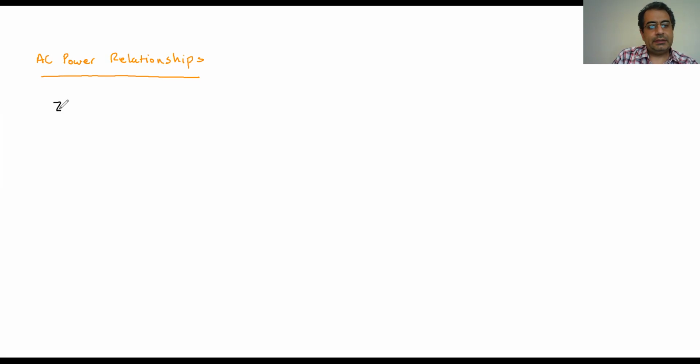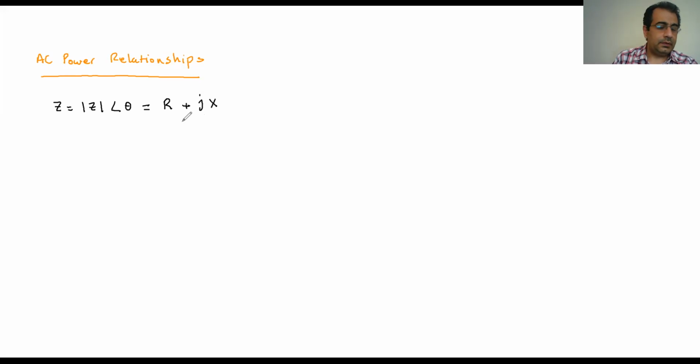So if we have the Z in the system, it is going to be the magnitude of Z with an angle of theta, or in other words, you can write it as R, which is the resistance, plus jX.